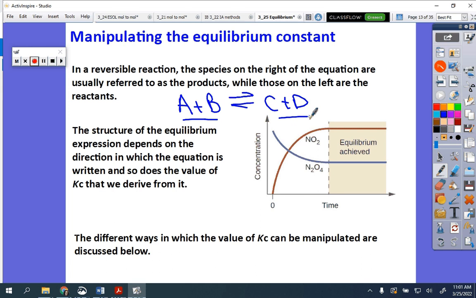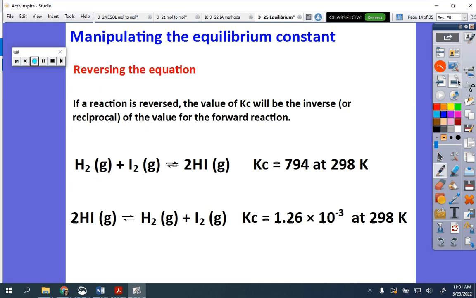And when we write our Kc, we write it that way, with the concentrations of the products on the top and the concentrations of the reactants on the bottom. But if we reverse the equation, if we write the equation backwards, then the value is going to be the reciprocal of that. It's going to be 1 over that.